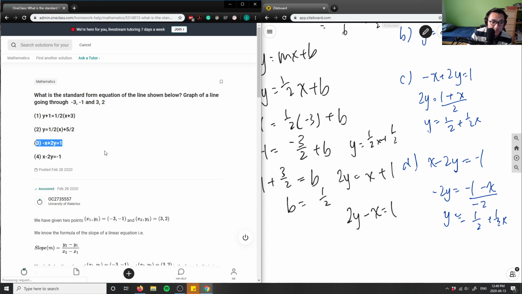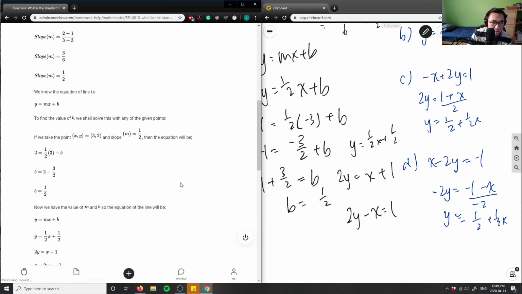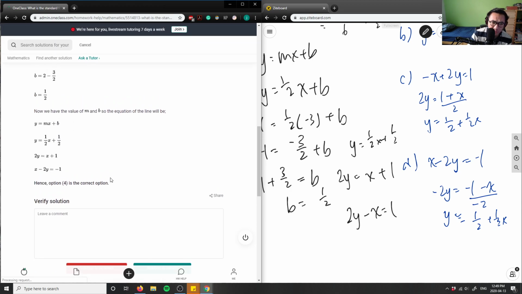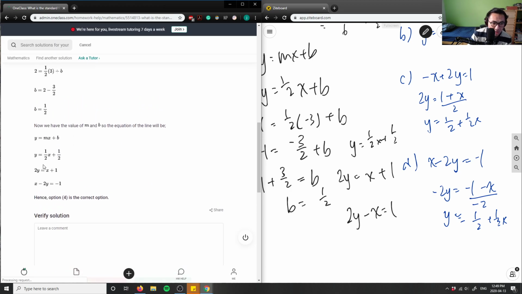So maybe it's option 3 here in this case. But they said option 4 is correct, which doesn't make sense. I have half x. This math is correct here. I'm multiplying both sides by 2 here, which is good. And then I have equals -1. How did they convert 1 to -1 here? I'm so confused.